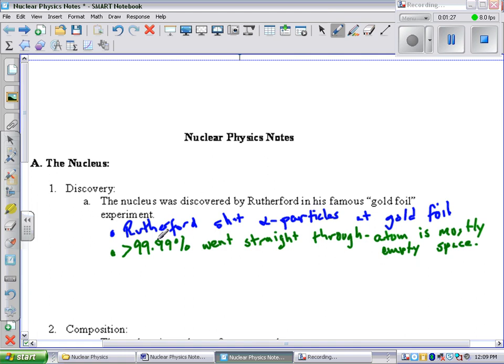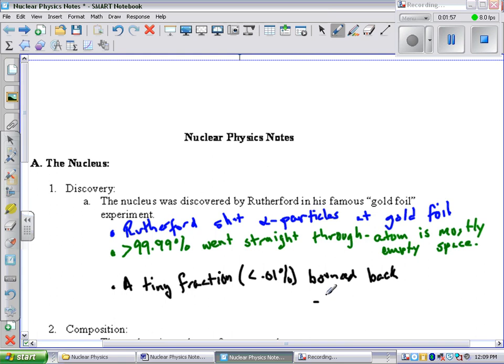But a tiny fraction, less than 0.01%, bounce back, so they had to have hit something hard or dense. So he determined there was a tiny, dense nucleus down in the center of the atom.